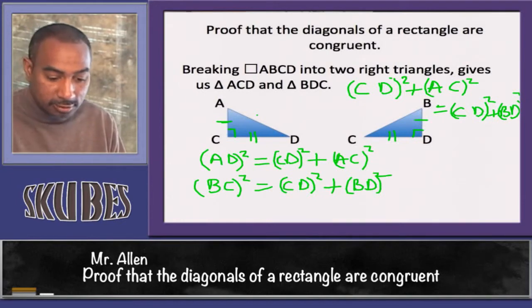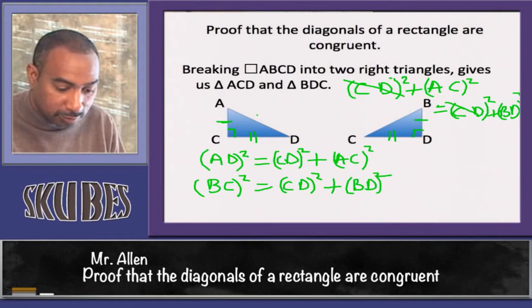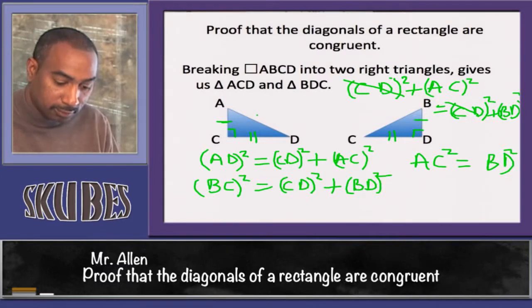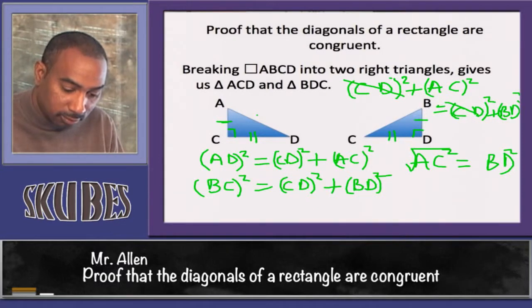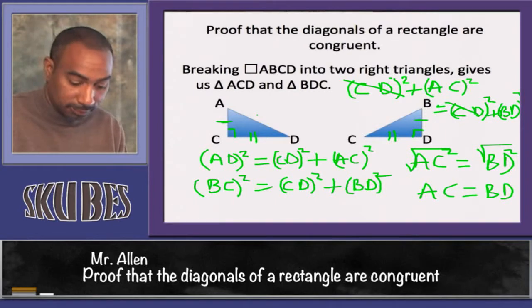If you notice, the CD squared terms will cancel each other out, and that just leaves you with AC squared equal to BD squared, which will leave you with AC is equal to BD. There's another method I'd like to show you.